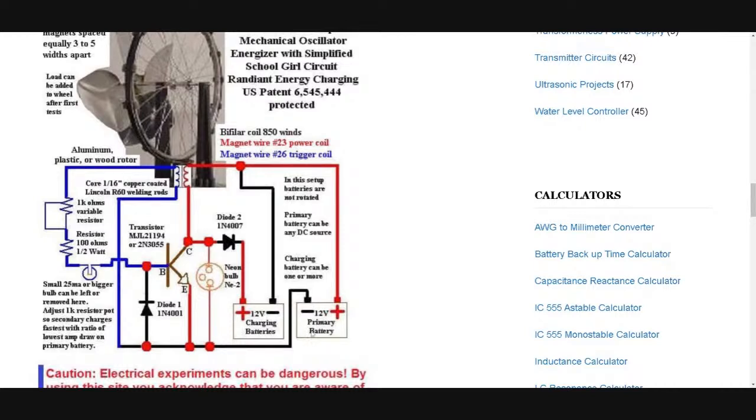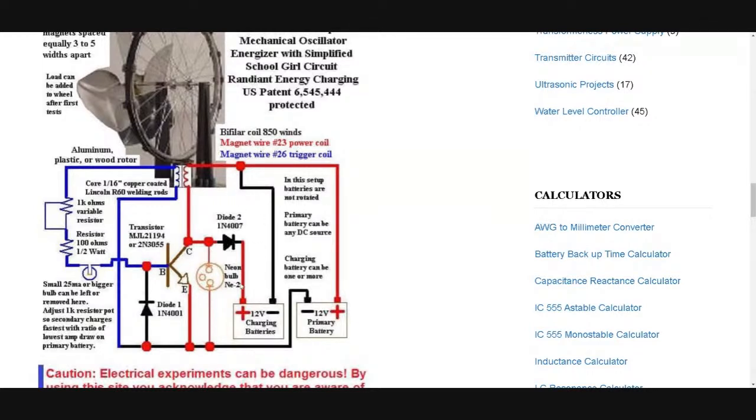That's another possibility too, coming from the drive battery, but the drive battery is not receiving any type of reverse polarity charge. It's just giving out forward polarity the whole time.